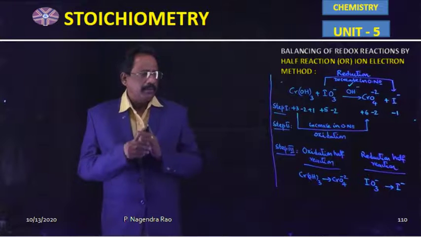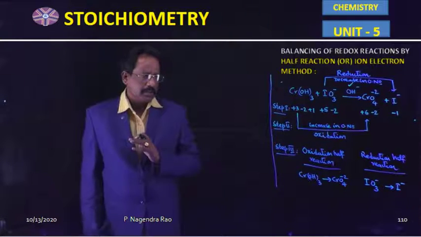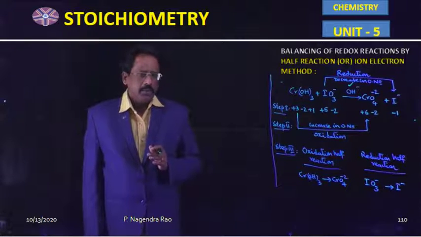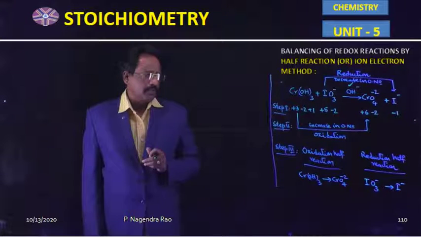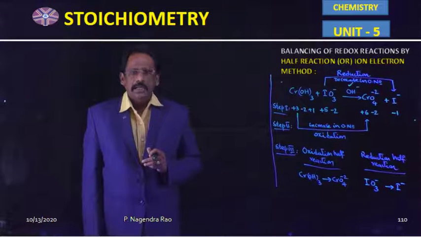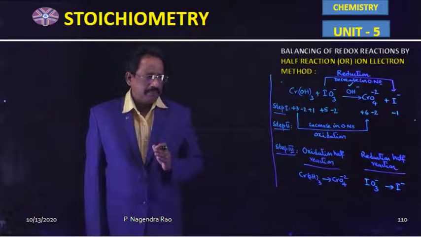So with the help of oxidation number values, in this example, oxidation half reaction is Cr(OH)3 converted into CrO4²⁻, and IO3⁻ is converted into I⁻.